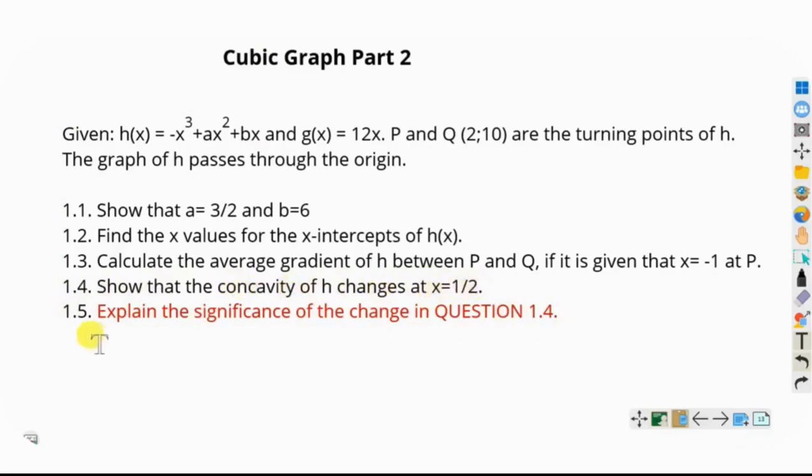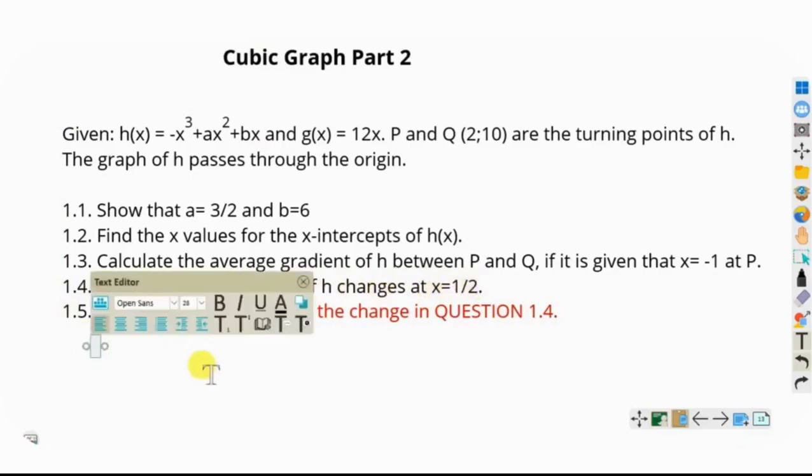That tells us that that point is a point of inflection. That point there, x equals a half, is the point of inflection, where the graph changes shape from concave up to concave down, or from concave down to concave up.